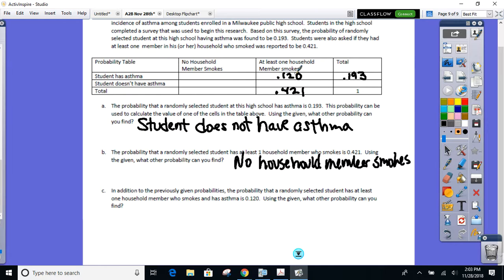All right, now using all three, because it said using the previous ones too. Which one or ones can I find now? I can find doesn't have asthma and one member who smokes, right?